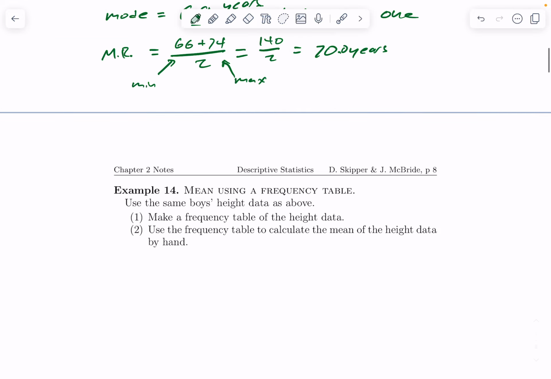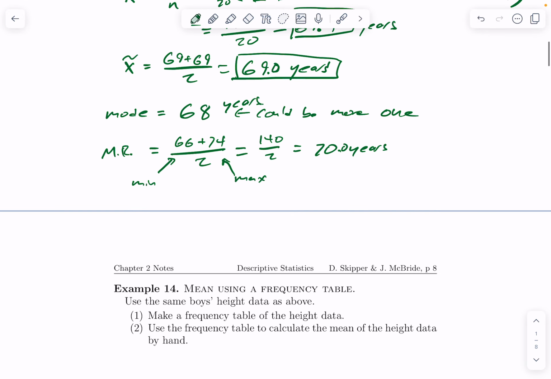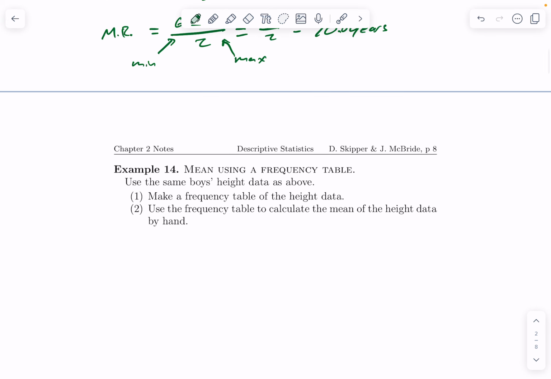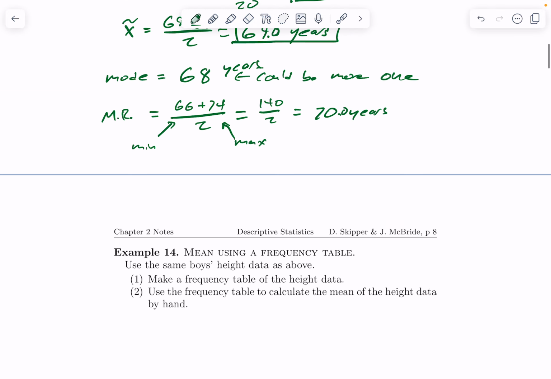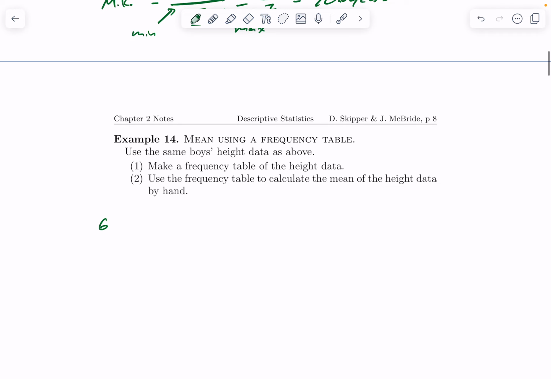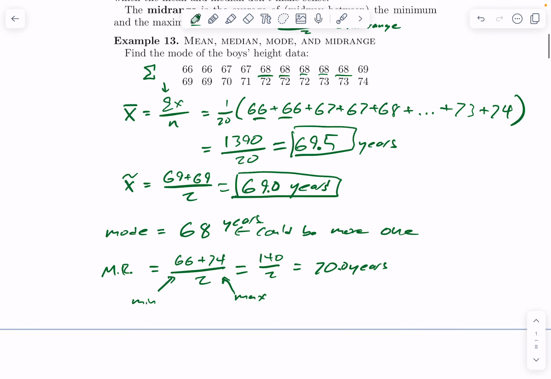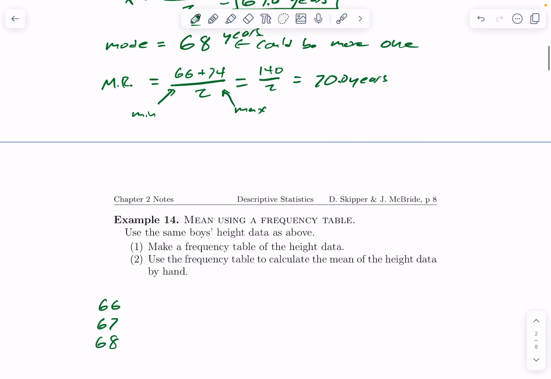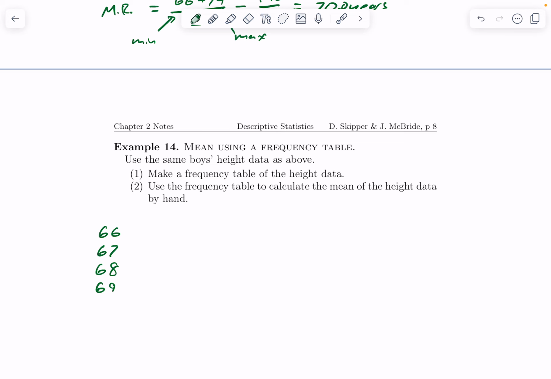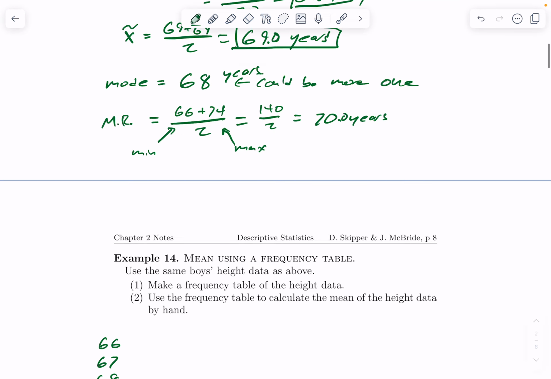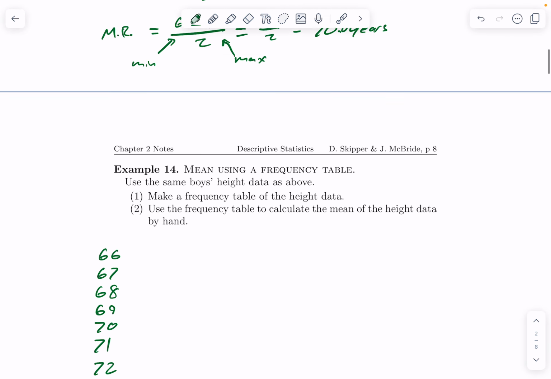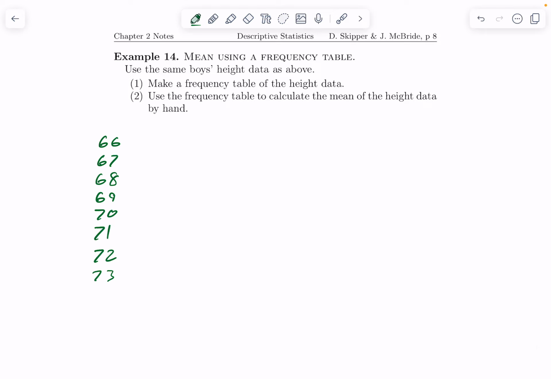Okay, mean using a frequency table. Use the same boys' heights as the data above, these 20 data points, and then make a frequency table. All right, so here I go. So I've got 66, 67, 68, 69, 70, 71, 72, 73 and 74.